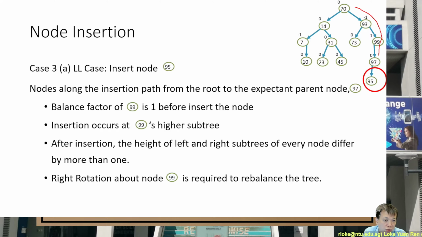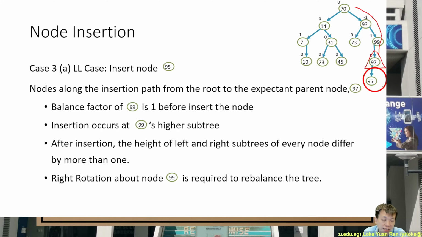So you will insert it as the left child of 99's left child. So it's the so-called, here I name it, LL case: the left child of the left subtree.